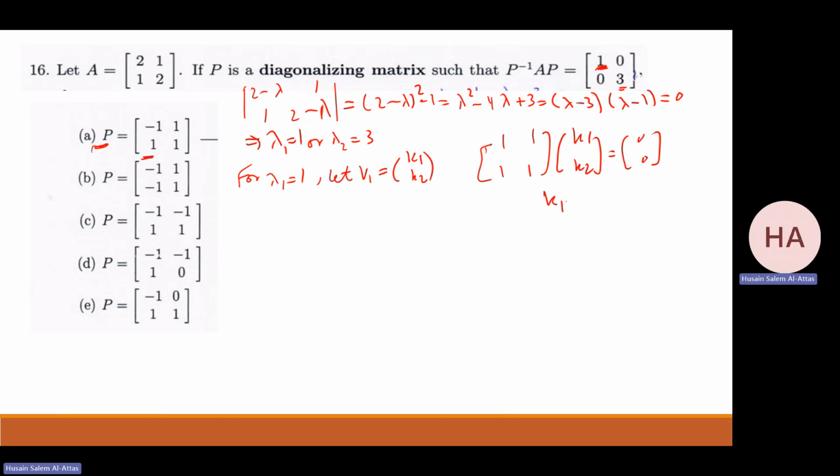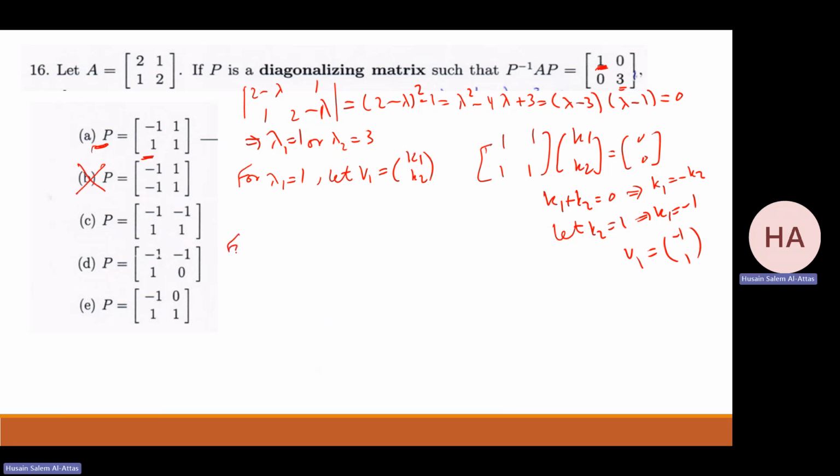So I'm having K1 plus K2 equals 0. So K1 equals minus K2. So I let K2 be 1. I'm getting K1 is minus 1. So V1 will be minus 1, 1.